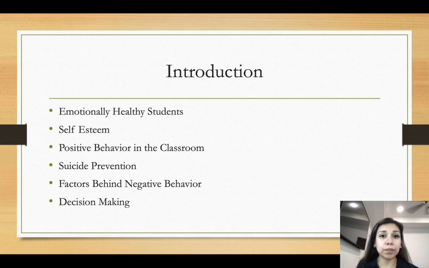Their self-esteem is very important, as well as positive behavior in the classroom, suicide prevention, and factors behind some negative behavior. It is important to know what factors lie behind those behaviors in order to address them and properly be able to take care of them. It is also important to know that your students are mentally healthy because it does impact their decision making.